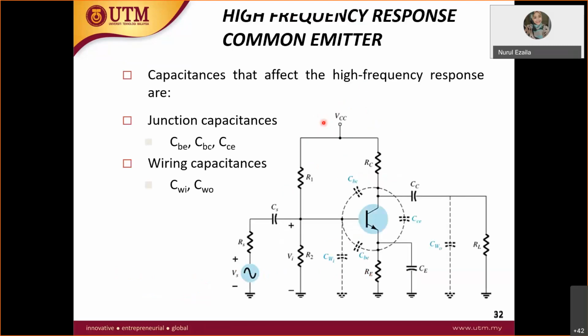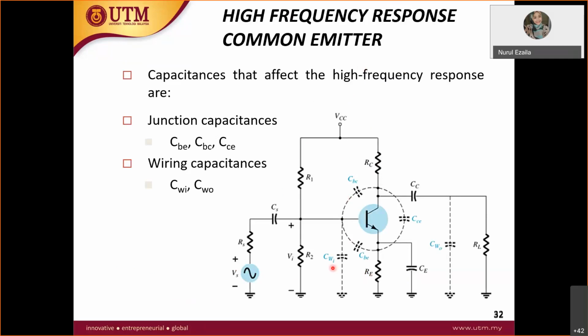Next is the high frequency response. Like I said, high frequency response refers to the internal capacitance that you cannot see. Internal capacitance for high frequency includes all the junction capacitance.